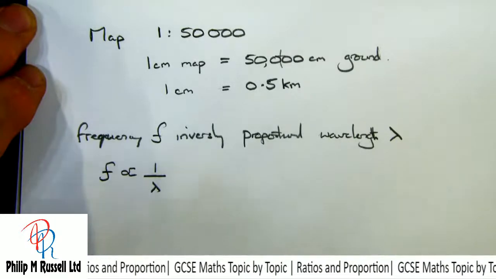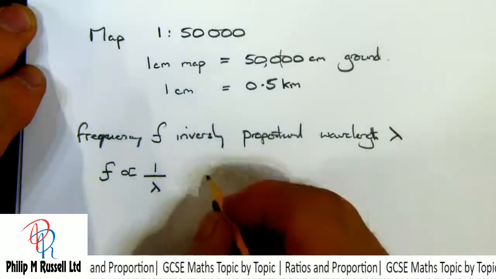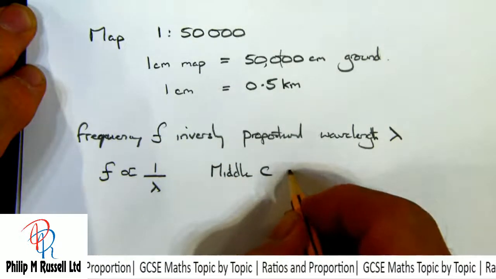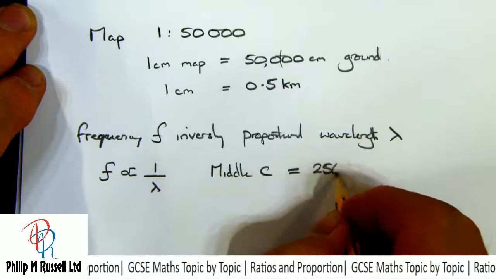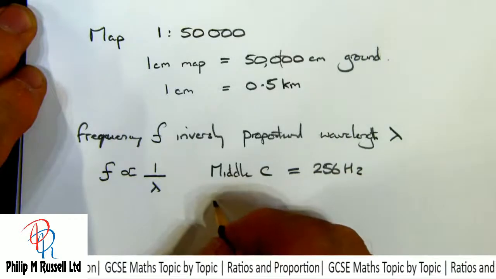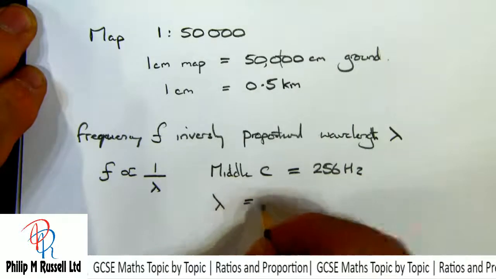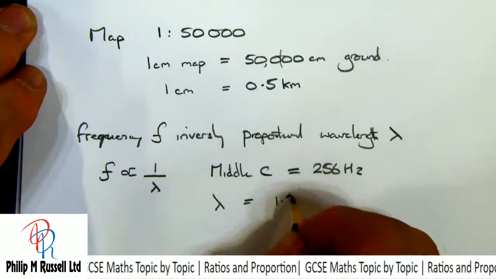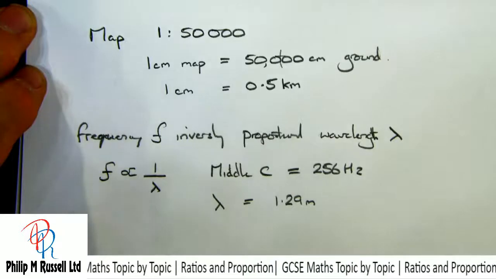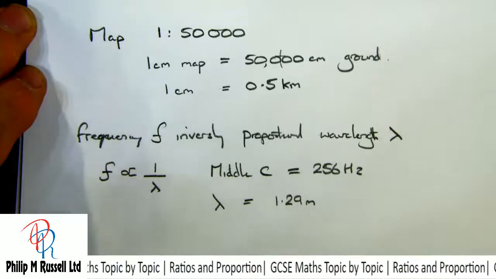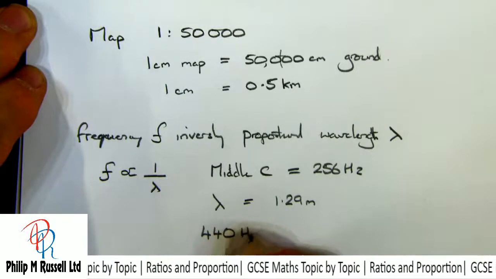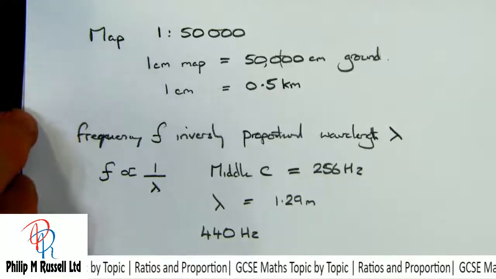And let's suppose that middle C is 256 Hertz, and that's got a wavelength of 1.29 meters, and we're asked to work out what perhaps 440 Hertz might be.